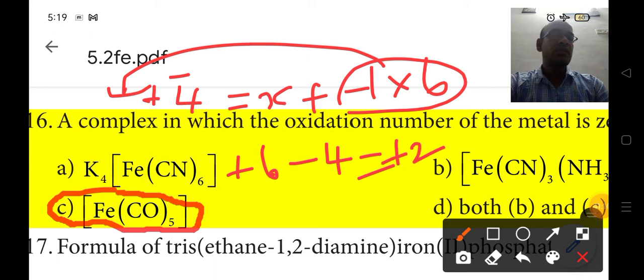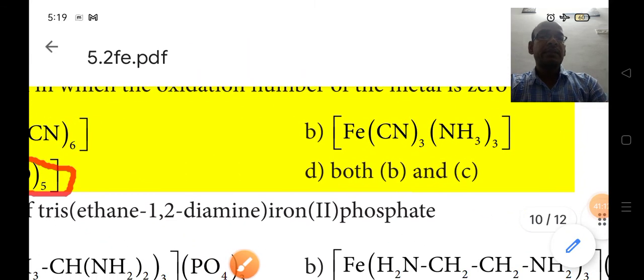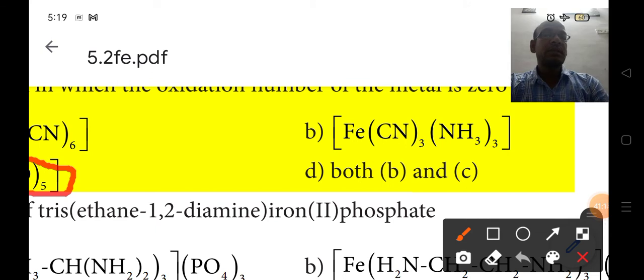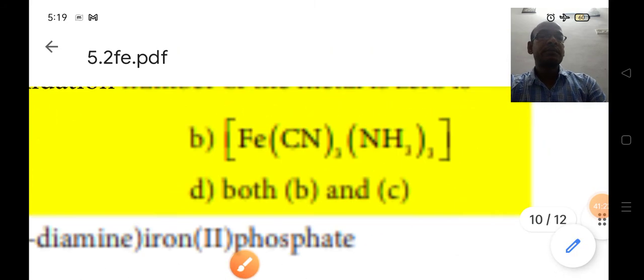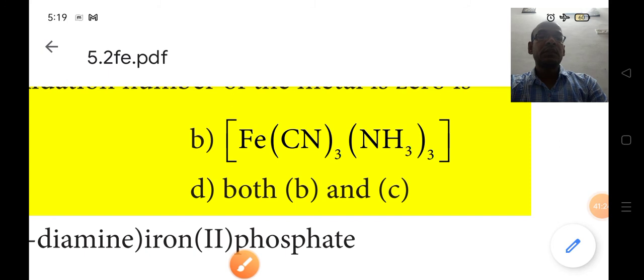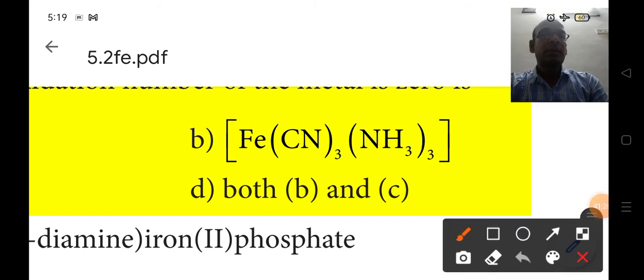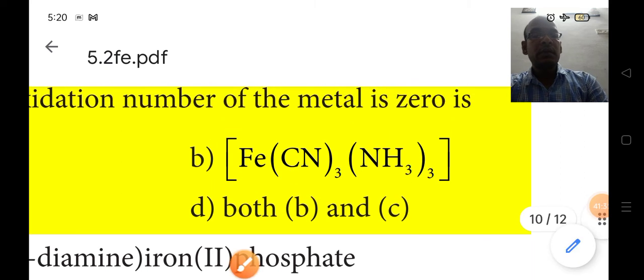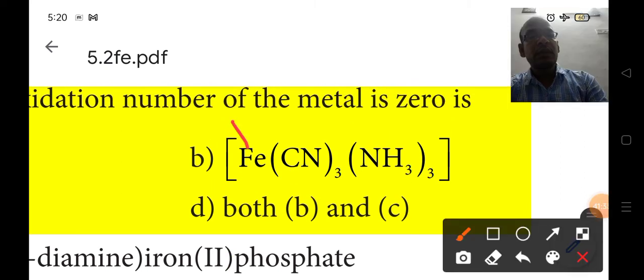Next, in this case, the oxidation state of the central metal ion. The net charge, the oxidation state of the central metal ion is plus 3.